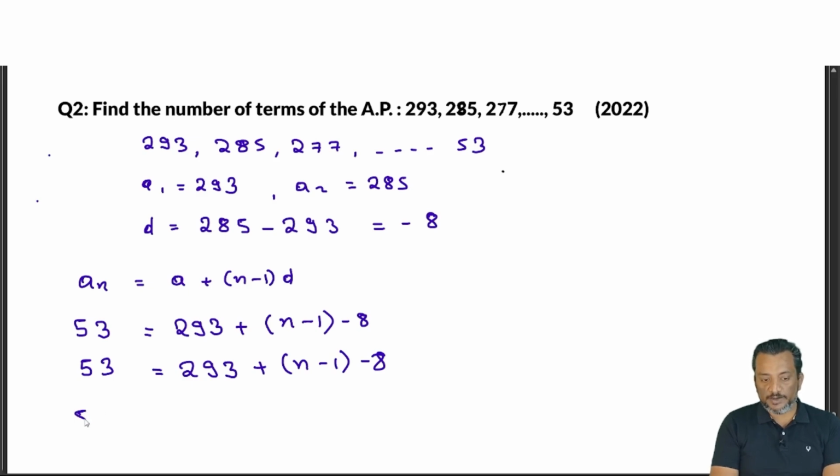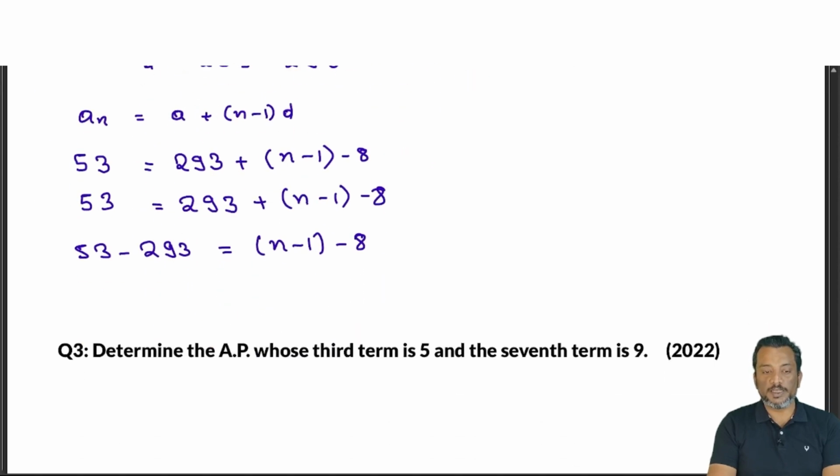Now you can bring 293 to the left side. So you will get 53 minus 293 is equal to N minus 1 times minus 8. So we get minus 240 is equal to N minus 1 times minus 8.